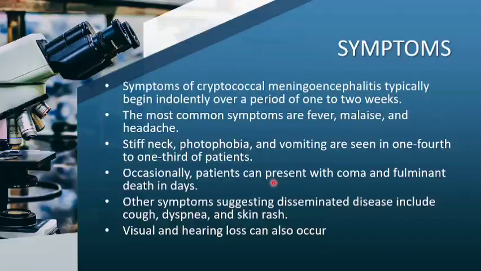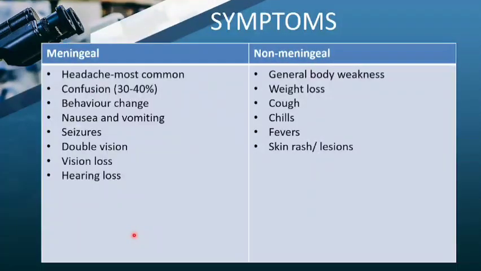The symptoms suggesting a disseminated disease include a cough, dyspnea, and skin rash. There could also be a visual and hearing loss. Here I just classified the symptoms into meningeal and non-meningeal. So the most common is headache. There's also confusion in 30 to 40% of the cases, behavioral change, nausea and vomiting, especially early in the morning.